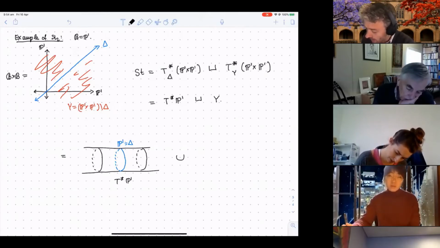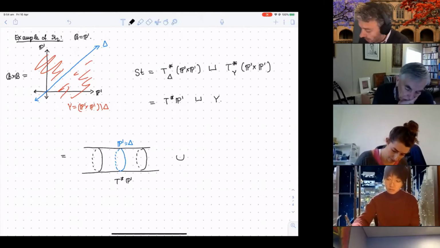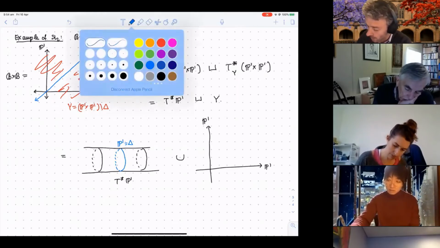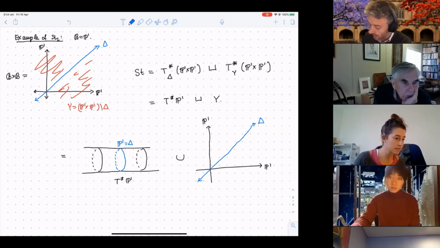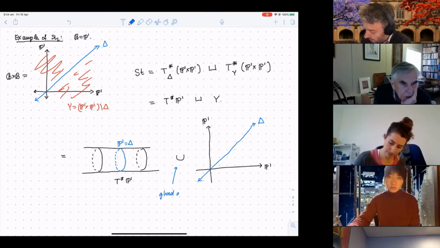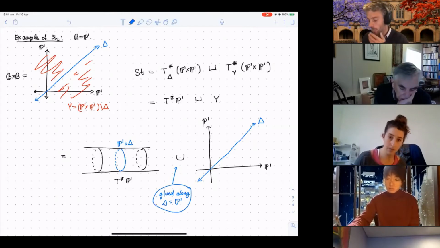And this is union with P1 times P1, and this is glued along the diagonal, which is P1. Okay, so it has two components.